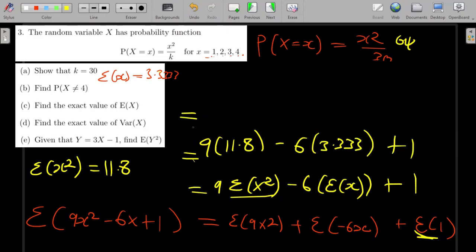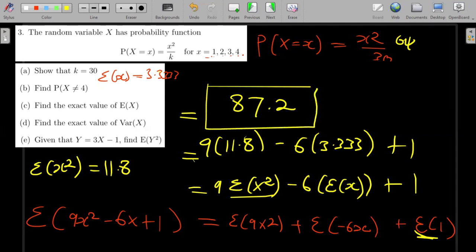When you put this into the calculator, I'm getting my final answer as 87.2. So this will be the expected value of y squared. We found the expected value of y squared in terms of the x. All right, so we are done with that question.